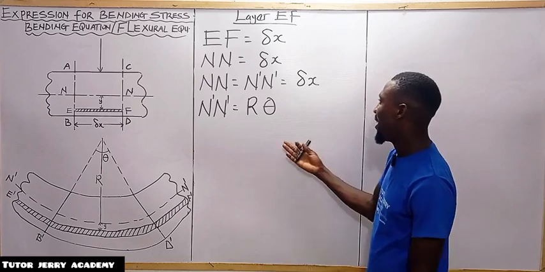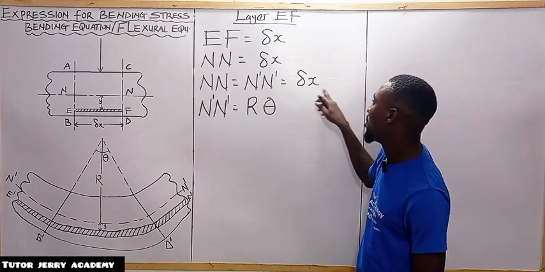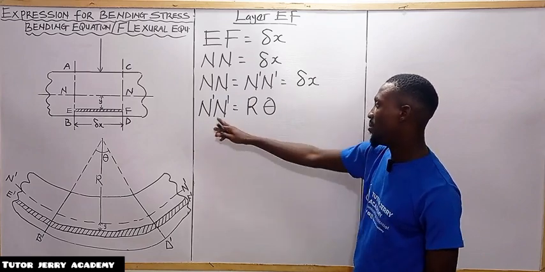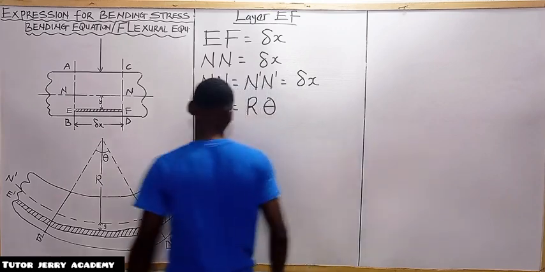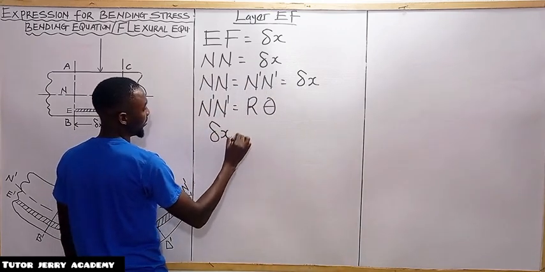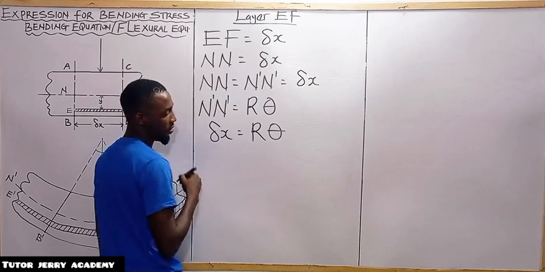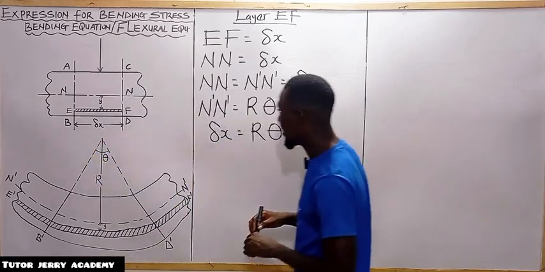Don't forget that we have established that NN is equal to N prime, which is also equal to ds. So we can replace this N prime here with ds, to be equal to r theta. I believe we understand that.